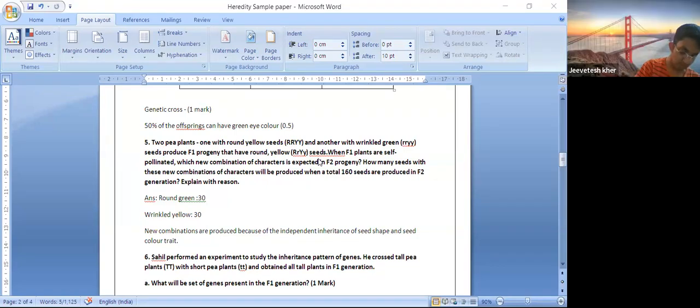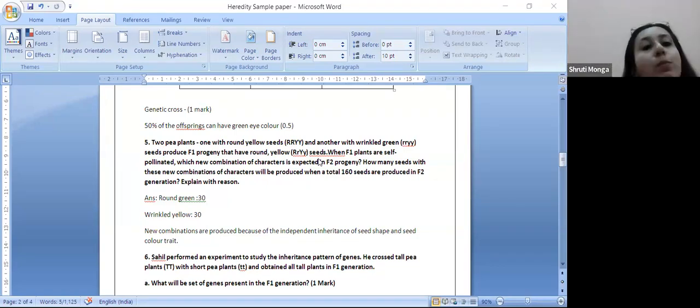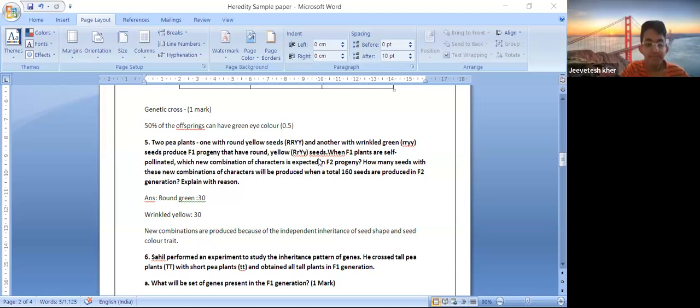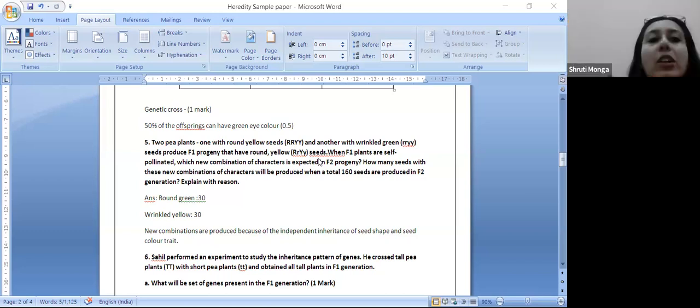They have given you an example: suppose there are 160 seeds produced in the F2 generation. Then how many seeds with new combination are formed, or out of those 160 seeds, how many new combination seeds are produced?